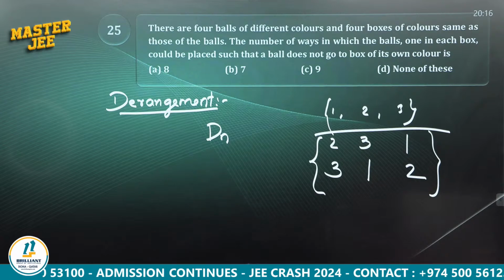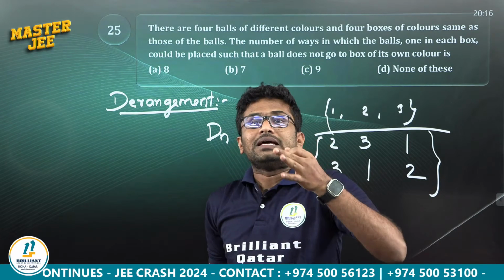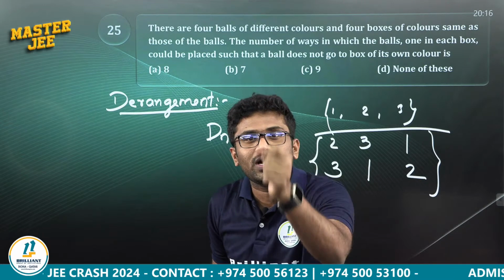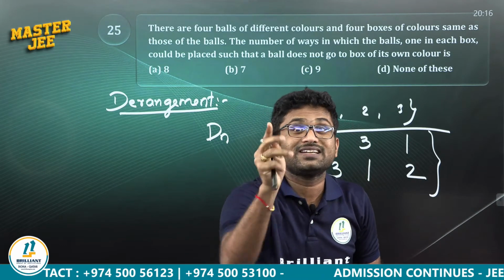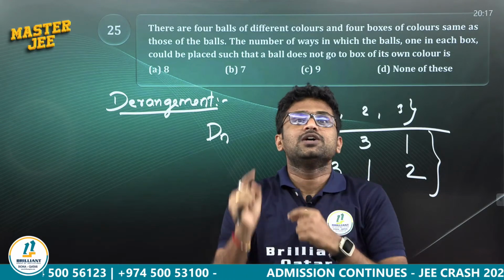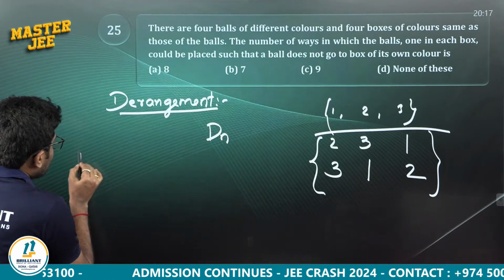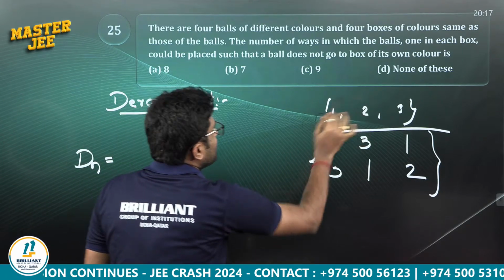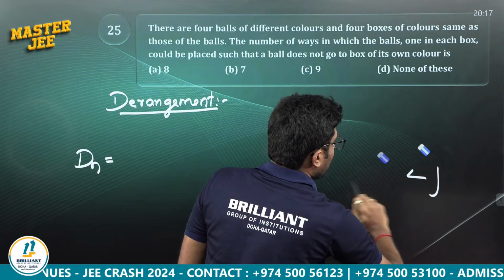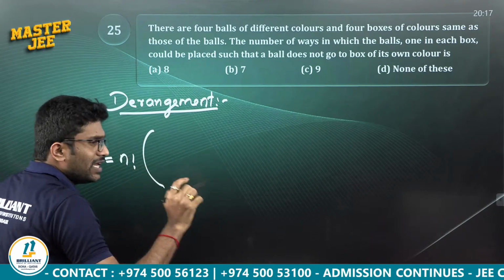Derangement of n distinct objects is the total number of ways we arrange n distinct objects such that none of the objects goes to its original place, not even a single object. So derangement of n objects is denoted by Dn, and the formula is very simple and easy to remember.